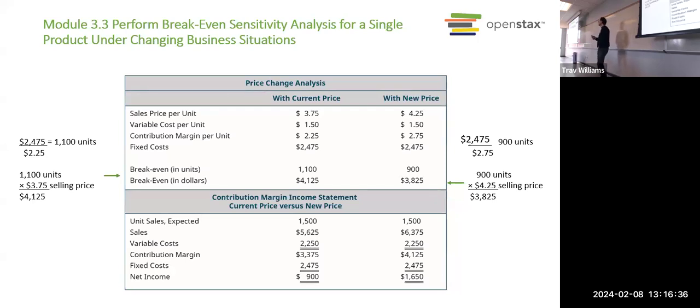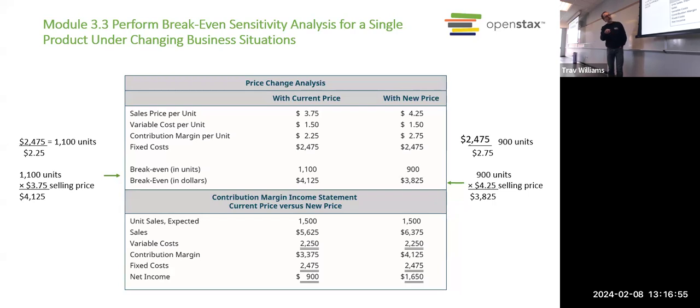Also by 50 cents, right? If you raise your price, that's going to raise your contribution margin. If you lower your price, that will lower your contribution margin. And if you were to change variable costs, that's also going to have an impact on your contribution margin.